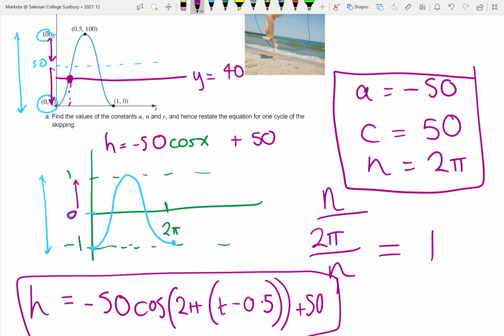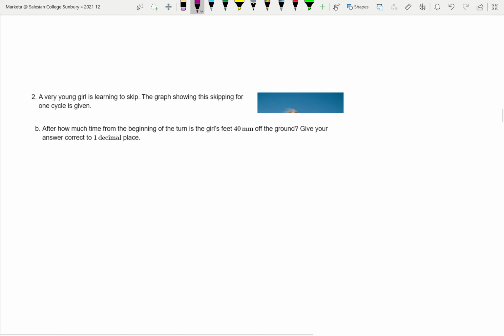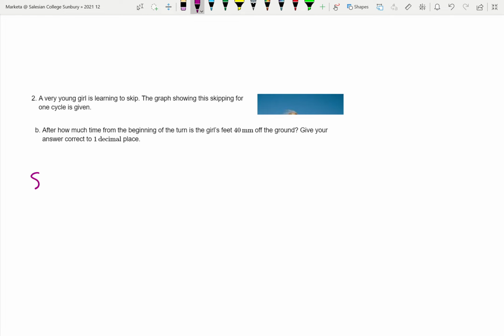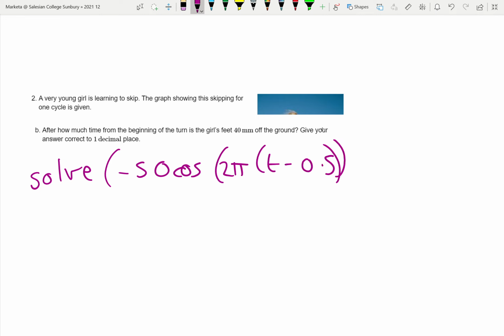So option A, we could sketch those two graphs on CAS. We could draw the cos graph and draw y equals 40 and see where they intersect for the first time. That would be one way we can do it. The other way would be to solve on CAS. You could use your solve function: 2 pi (t minus 0.5) plus 50 equals 40.